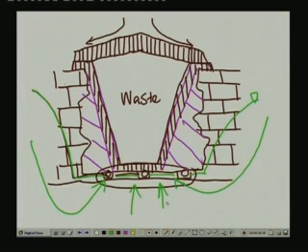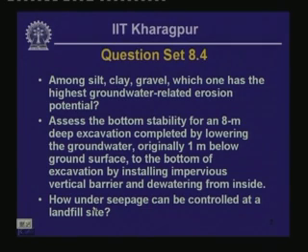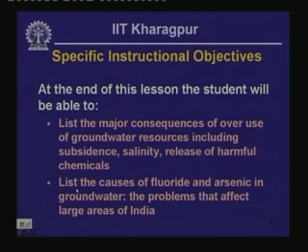So this upward movement itself is going to stop any water that would like to leach out harmful chemicals from the waste body into the groundwater. So these are the measures that we discussed for controlling seepage from a landfill site in the previous lesson. That actually settles the questions from the previous lesson. Now we can move on with today's subject matter.